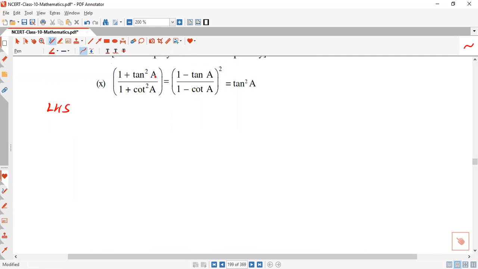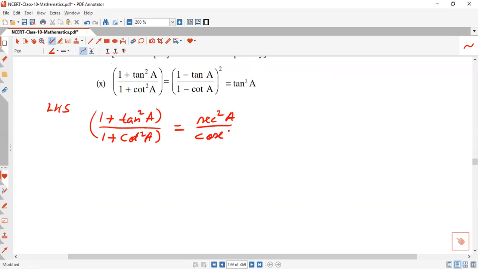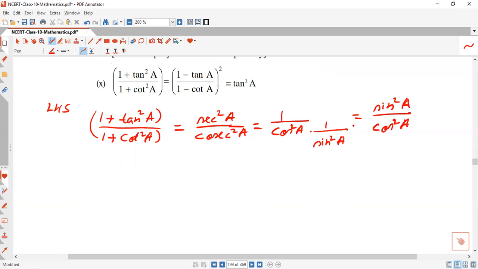Left hand side: 1 plus tan square A upon 1 plus cot square A. 1 plus tan square A means sec square A, upon 1 plus cot square A, which means cosec square A. Sec square A can be written as 1 upon cos square A, and cosec square A can be written as 1 upon sin square A. This value will be sin square A upon cos square A, which is equal to what? Tan square A. So it is proved.